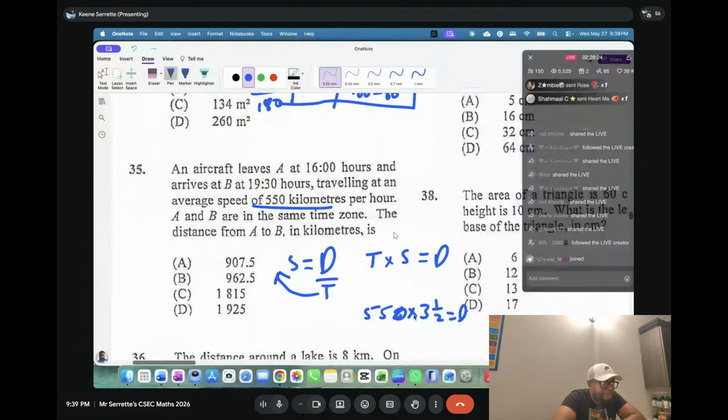3.5 will be 3 twos are 6, 7 over 2. So 550 multiplied by 7 over 2. Let me just multiply it. 7 by 0 is 0. 7 5s are 35. 7 5s are 35.